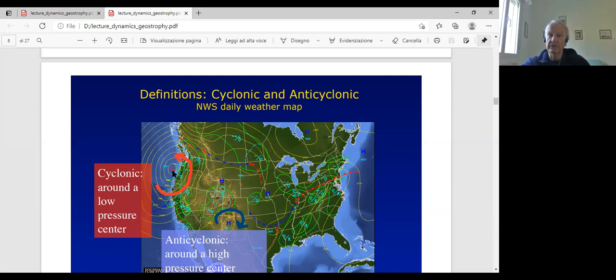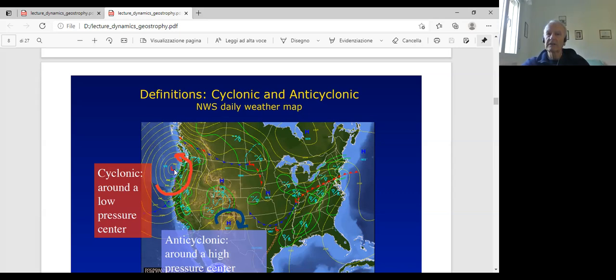So the pressure gradient force goes this way, from the border to the center of the cyclone, and therefore the only possibility for the wind to go around this low would be in this direction, the anti-clockwise direction. So in order to guarantee that Coriolis force is in the opposite direction of the pressure gradient force.